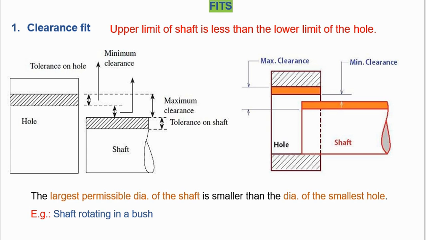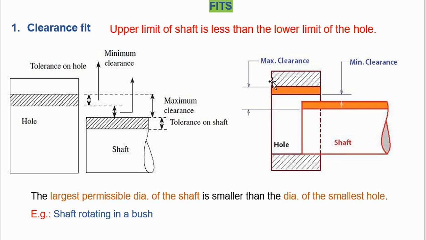When you see this clearance fit, the algebraic difference between the minimum size of the hole and the maximum size of the shaft is called the minimum clearance, whereas the algebraic difference between the maximum size of the hole and the minimum size of the shaft is called the maximum clearance.